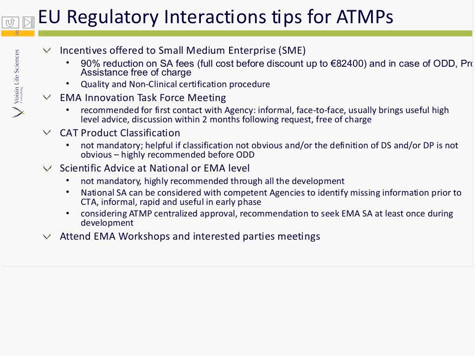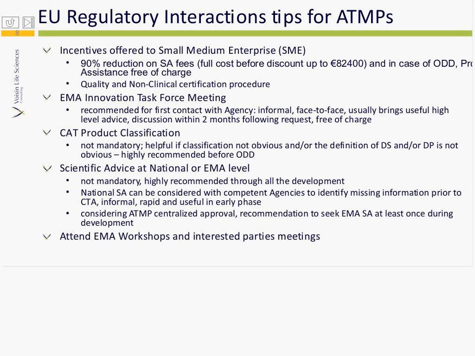In addition, task force meetings are essentially to get feedback from the agency, particularly on the scientific design and the development pathway for your product at very early stages, quite often non-clinical.